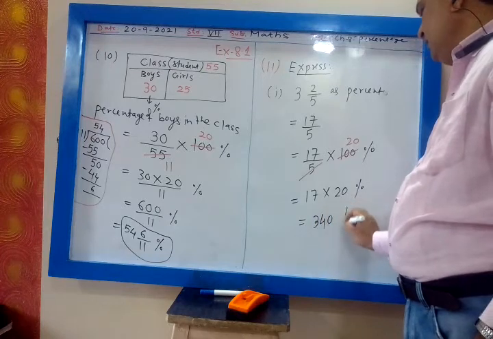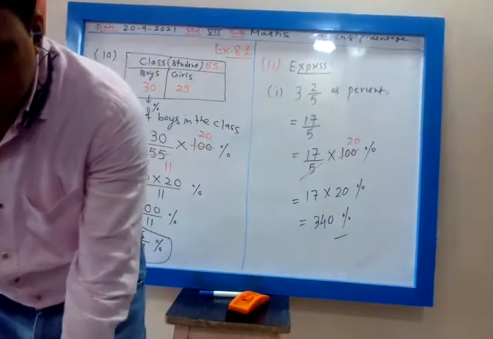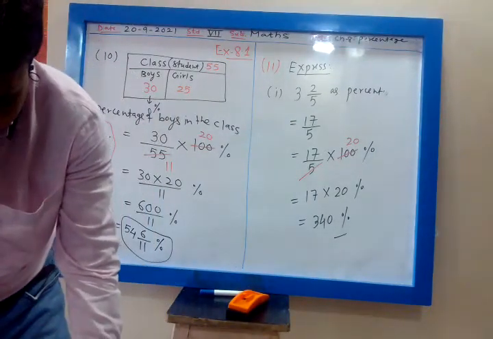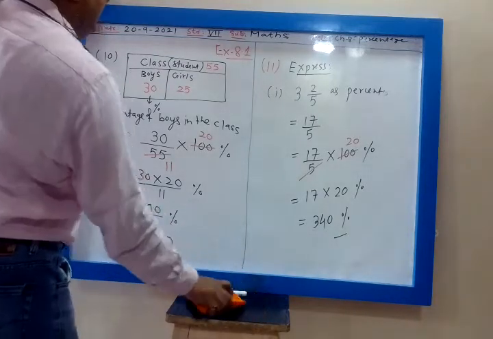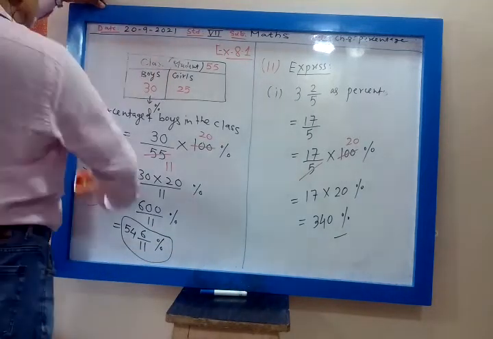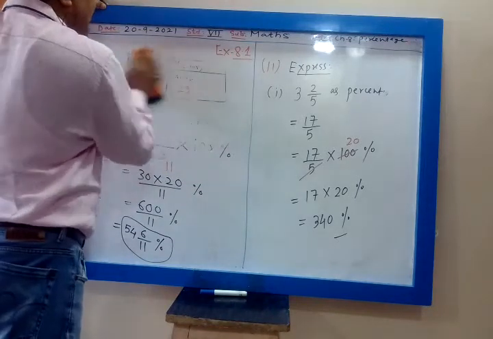We have already seen how to do this, but I am going to give homework because of similar types of problems. 0.075 as percent: convert decimal into fraction. Whenever a decimal is given, you convert the decimal into a fraction by removing the decimal point.